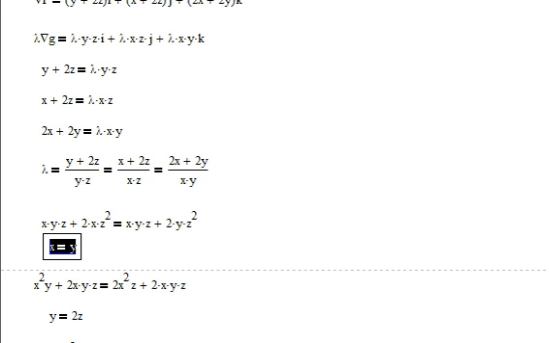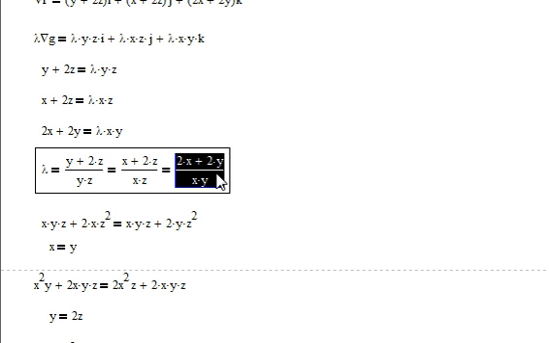If X equals Y, that was good to know. And we can do the same thing with, I guess, this one and this one.